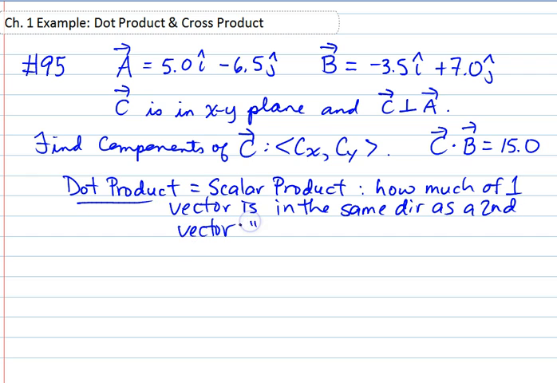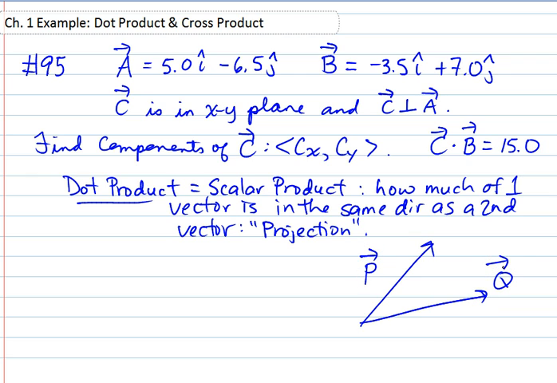Sometimes we call this the projection of one vector onto another. For example, if I had vector P and vector Q, then the dot product would simply be the amount of P that lies in the same direction as Q.